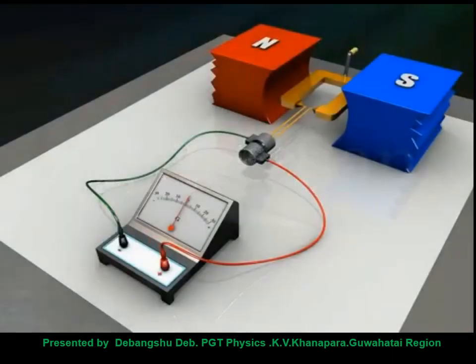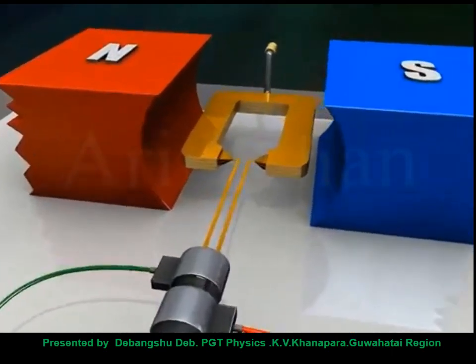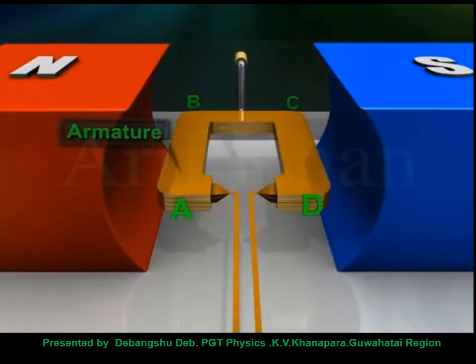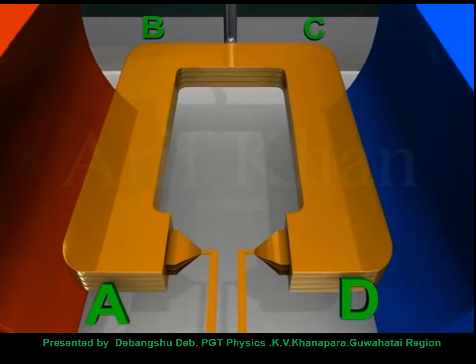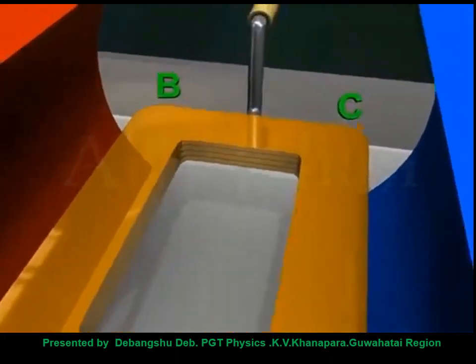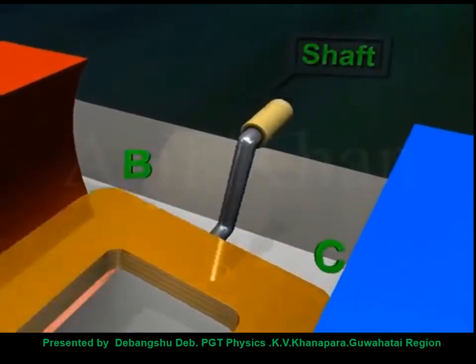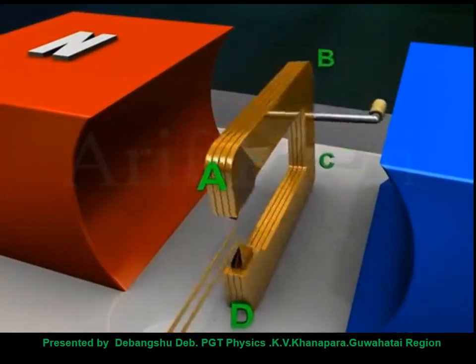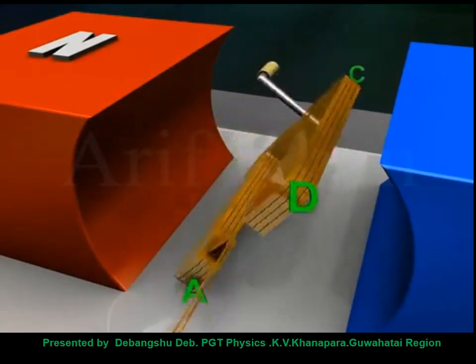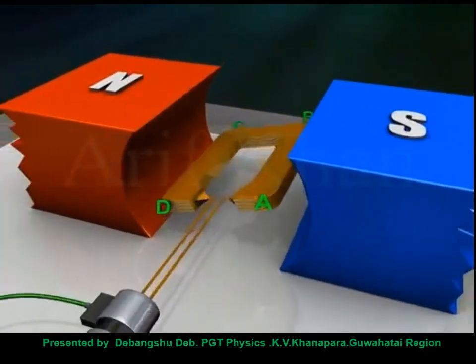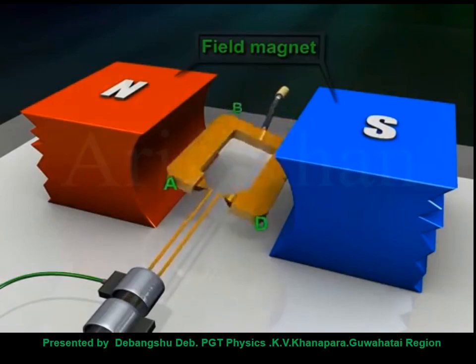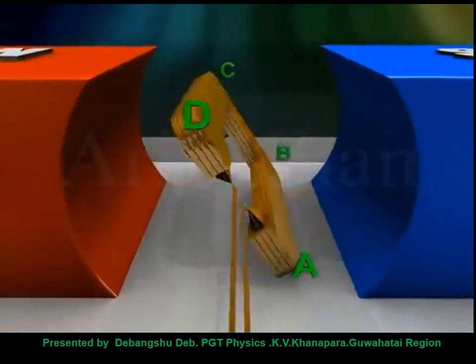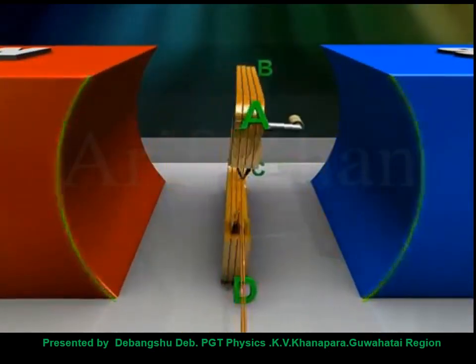Now let me talk about the parts of the AC generator. This copper coil is called the armature, which is placed over an iron core, a laminated iron core. The shaft rotates the coil, the armature, and ABCD we have named it, in between two pole pieces, north and south pole.